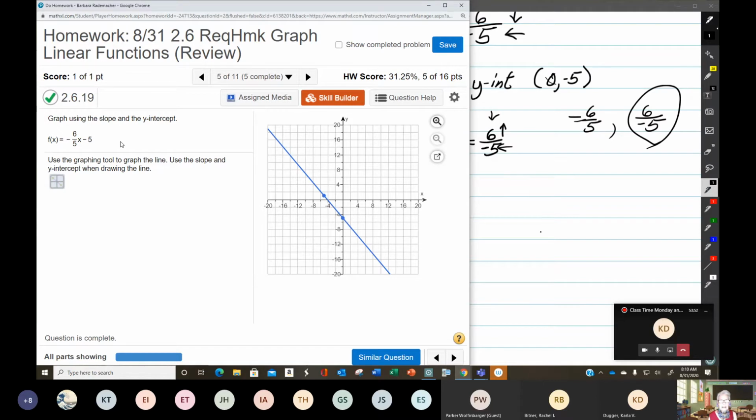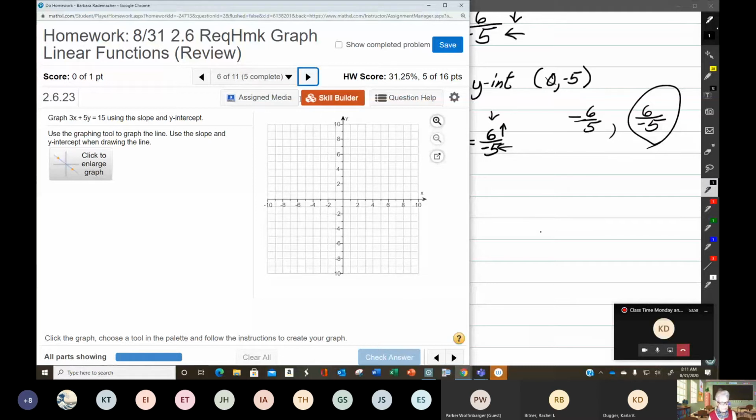Okay, now let's see what the next one is. Look at that, standard form. I'm going to have to put this in slope-intercept form to be able to graph it the way that my math lab wants me to graph it.